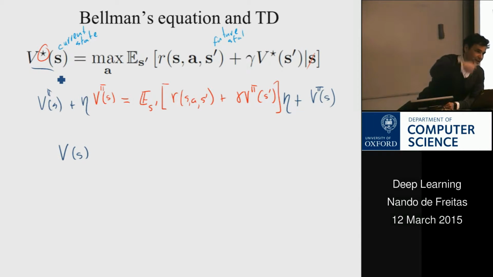So what I need is a recurrence that will lead to me updating v over time until I get the best possible v. V is what I'm learning.